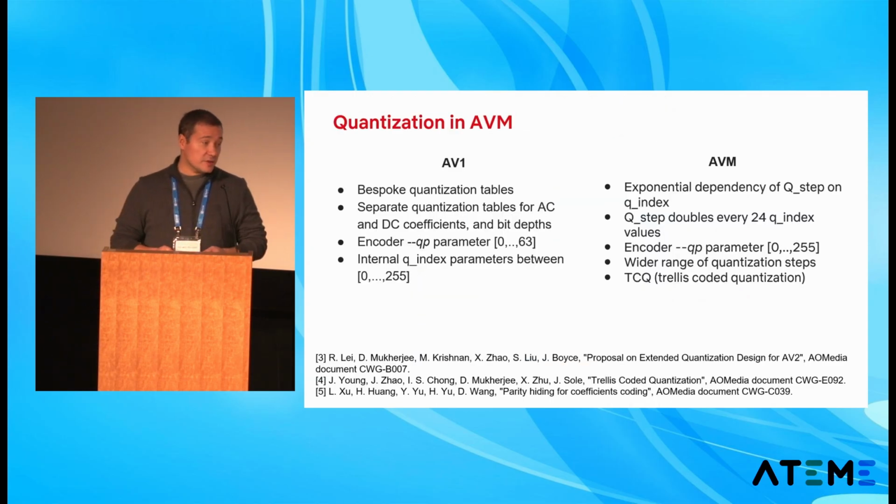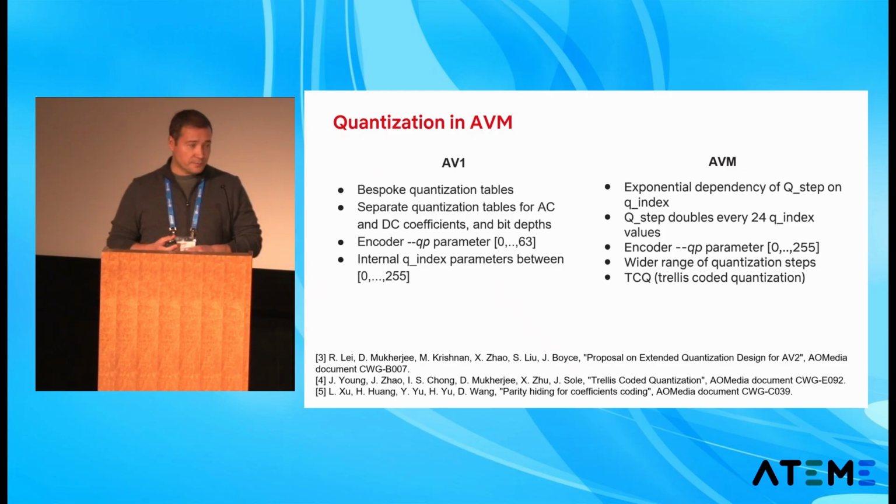The quantization, as I mentioned, changed significantly. AV1 had some bespoke quantization tables, separate for AC and DC coefficients and even different bit depths. The encoder QP parameter was from 0 to 63, but internally the parameter could vary between 0 and 255, and that was the so-called Q index.